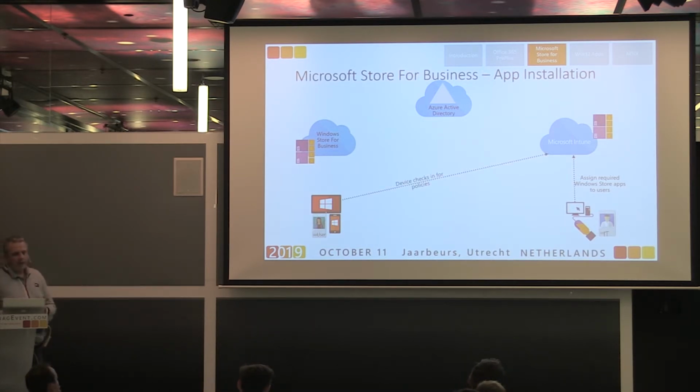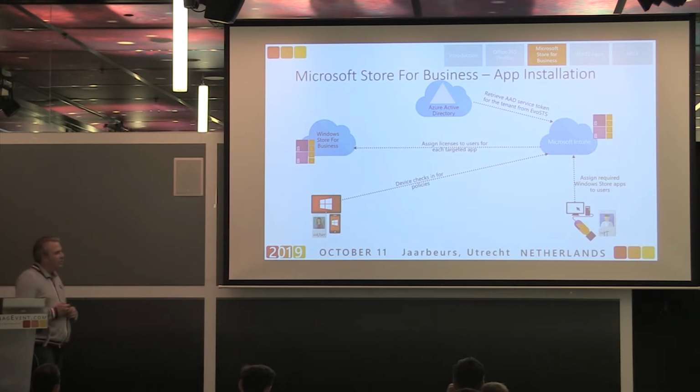And then every X amount of time, by default, every 8 hours after your device is enrolled, the device checks in for new policies from Intune, and at the same time, the information will be gathered again from Azure AD.